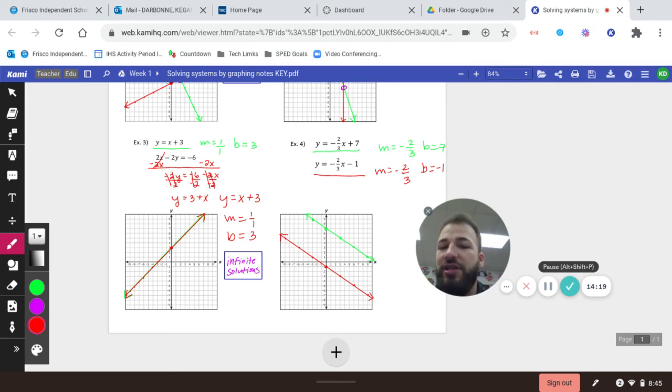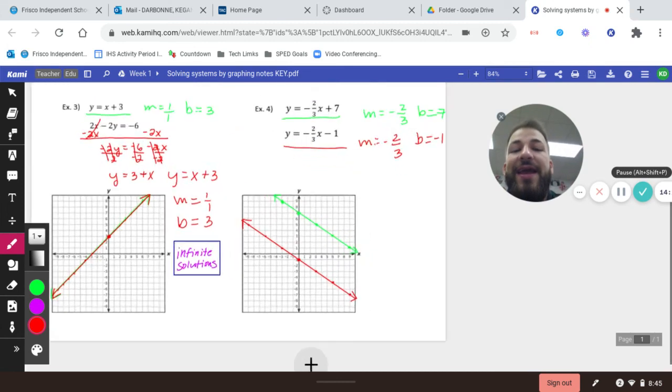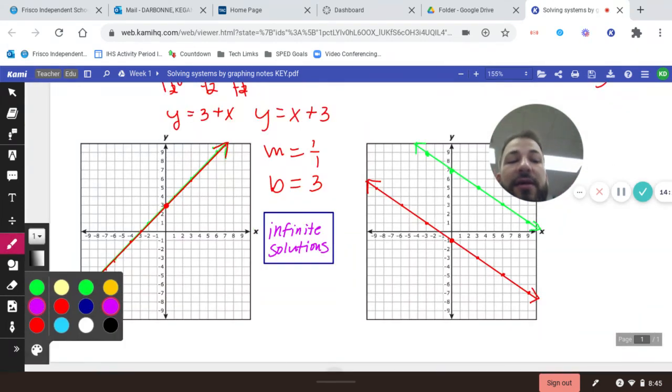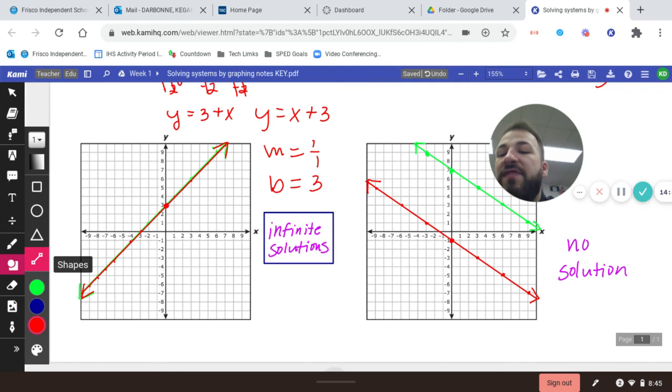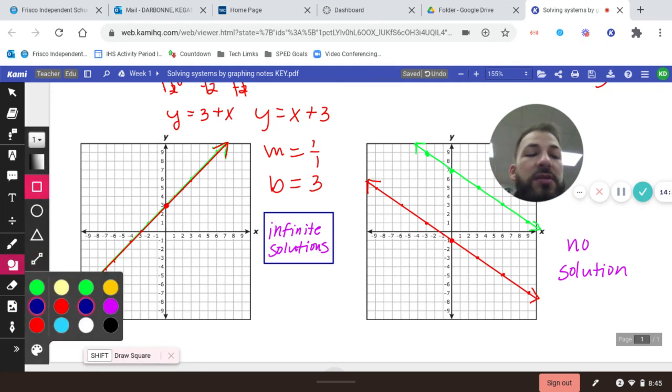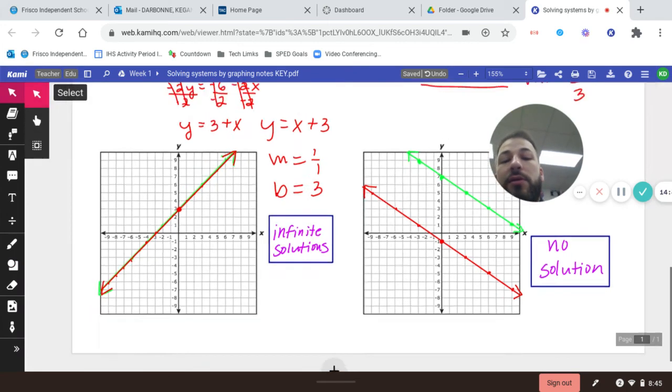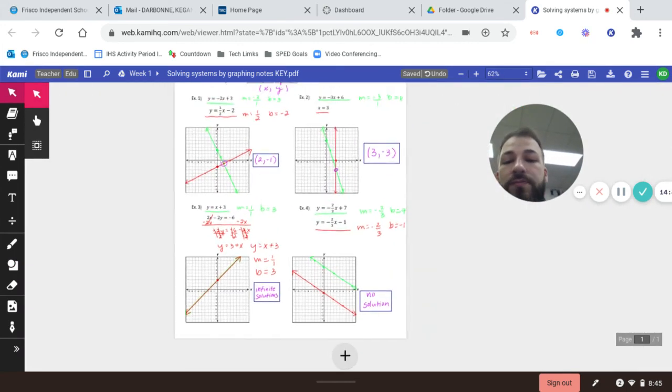They never touch each other. So if they're never going to cross, then instead of having infinite solutions, they'll have no solution. So kind of the opposite of infinite solutions, no solution is when we have two lines that don't cross at all.